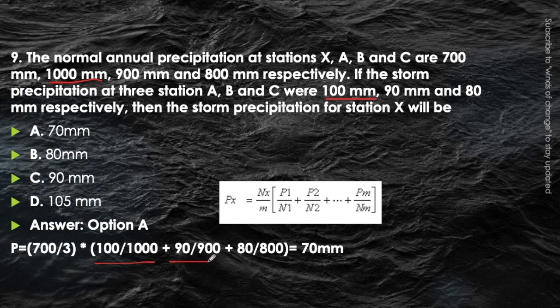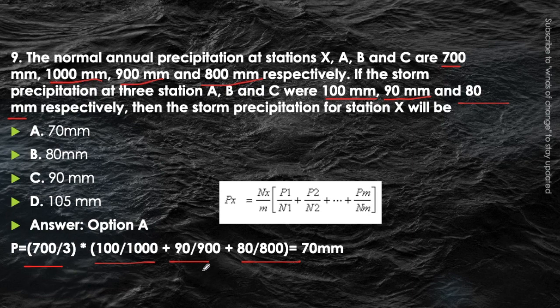Now P2/N2: the precipitation of B is 90 mm and normal precipitation is 900 mm, so it is 90 upon 900. For the third one, it is 80 mm for C and normal is 800 mm, so it will be 80 upon 800. Total stations m are 3, A, B and C, and the normal precipitation of X is 700, which is given here, so it will be 700 upon 3 into (100/1000 + 90/900 + 80/800).